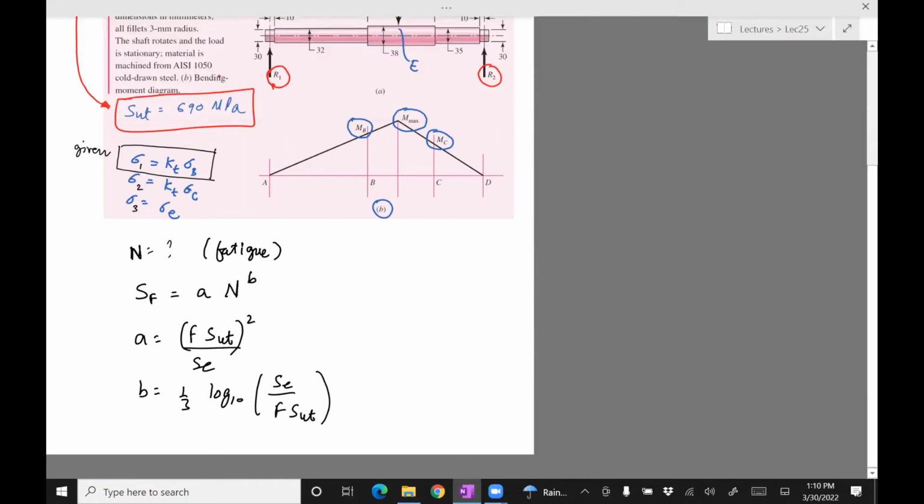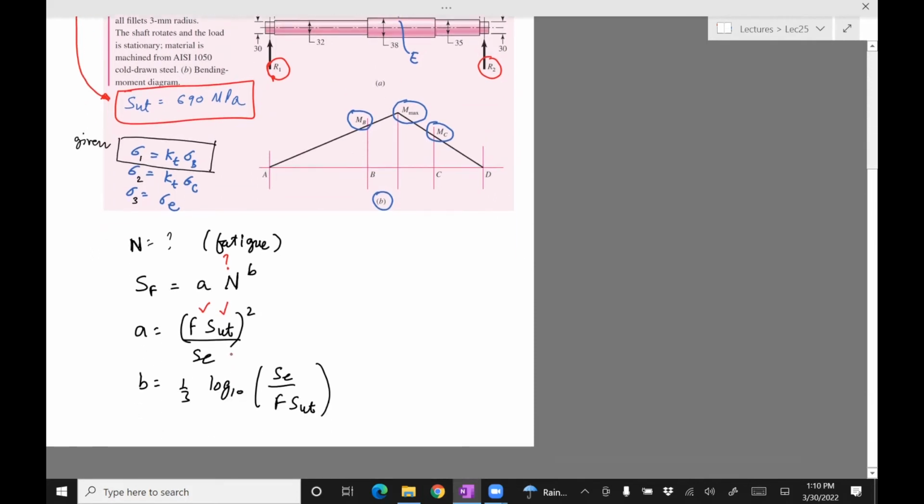Okay, so let's think of it backwards. We are asked to compute N. We need A and B. So A comes from f, and f comes from a table. S_ut is given. The endurance limit is from a formula which is readily available. So all these things are known. So A is known and B is known.